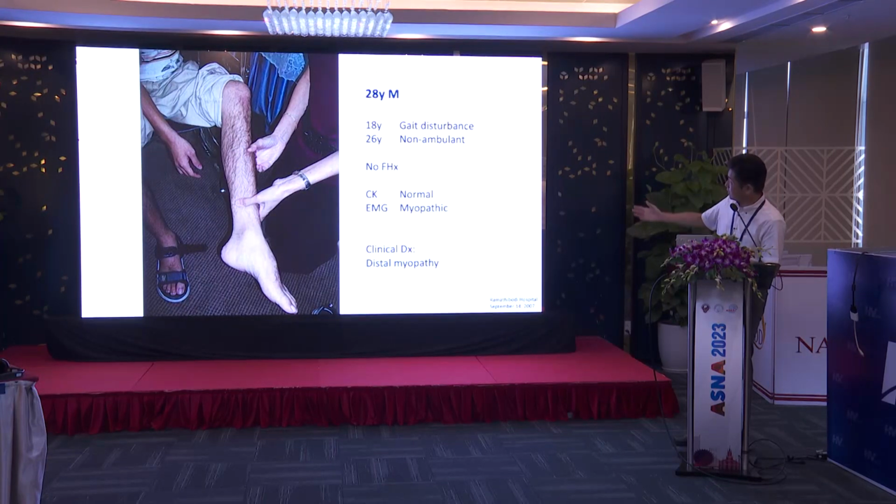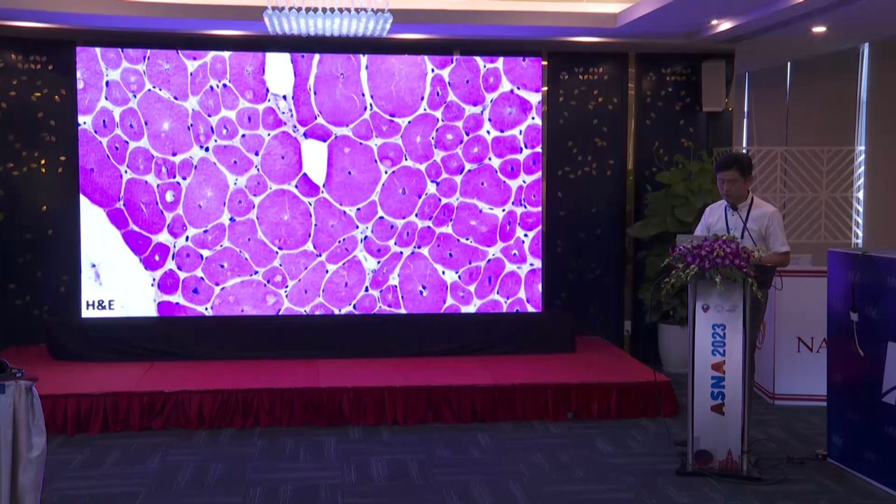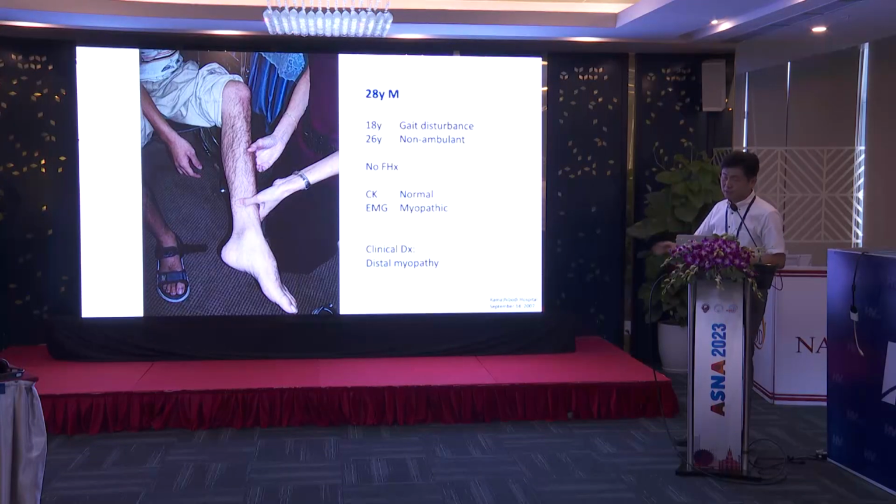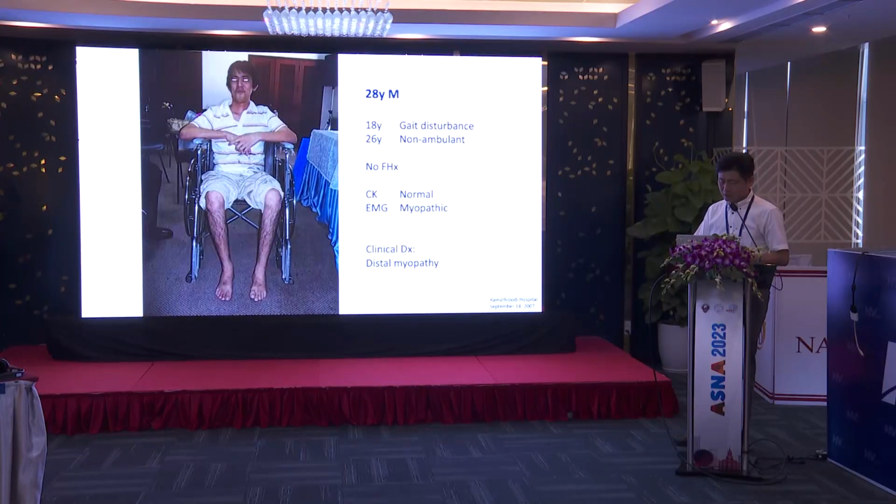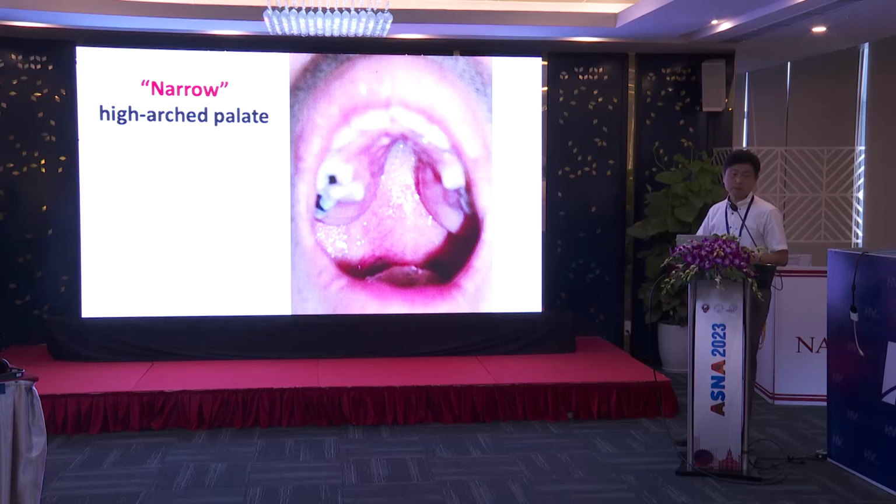And yes, his distal legs look thin, so maybe that's why they call it distal myopathy. But of course, proximal muscle was already affected. That's why he has already lost ambulation. Oops, sorry. And actually, he had this one.